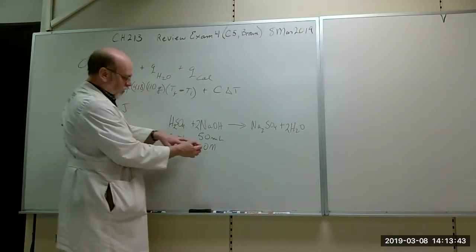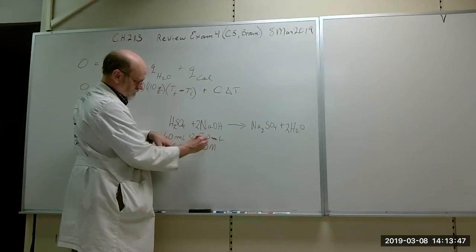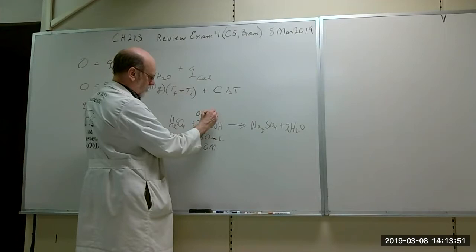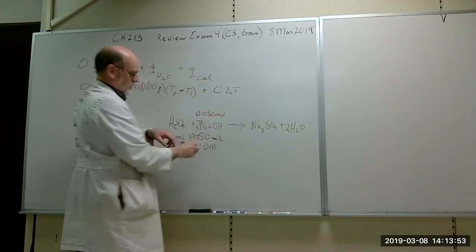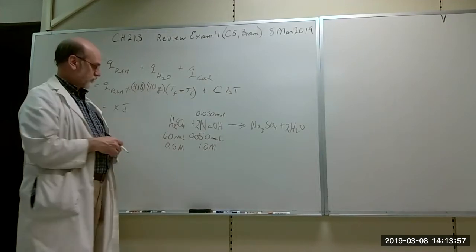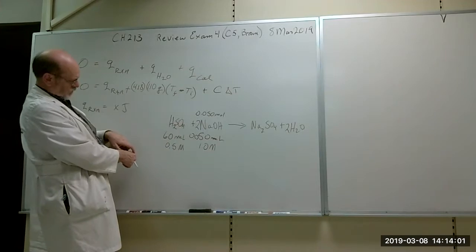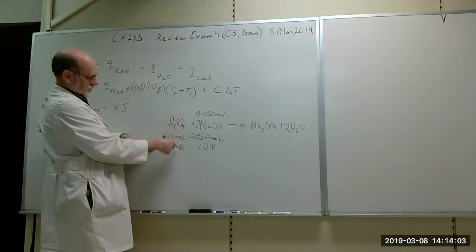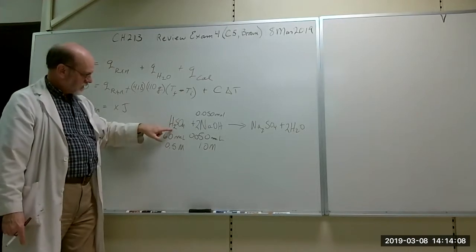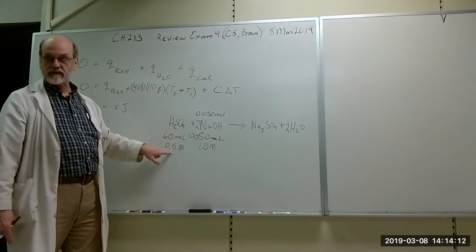So how many moles is this? Well, that's 0.05 liters. So 1 times that is 0.05 moles of sodium hydroxide. Right? This one is actually, well, half molar sulfuric acid is actually how much acid, how many protons. It's twice that. Right?